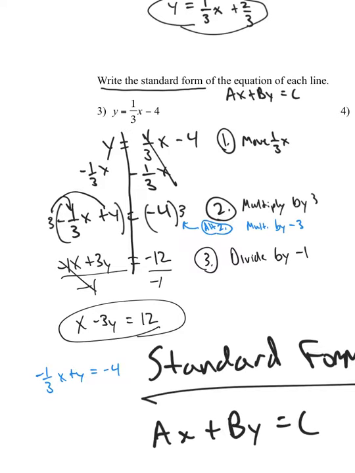And that would have cleared our fraction and our negative sign. Let me show you how. Okay, so negative 3 times negative 1/3. Now it's a negative times a negative, so that becomes a positive 1x. Negative 3 times y, negative 3y, equals negative 4 times negative 3, positive 12.